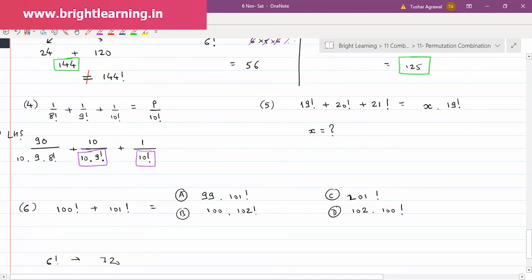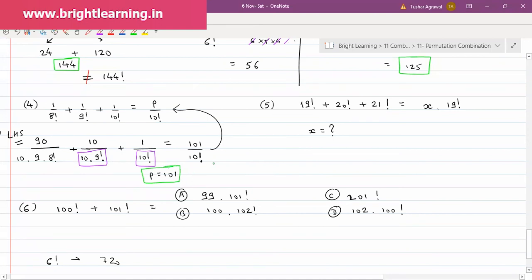Just do the addition: 90 plus 10 is 100, 100 plus 1 is 101, so 101 upon 10 factorial. This is asked as P upon 10 factorial, so P is equal to 10. Sorry, P equal to 101. Is the explanation of the fourth question clear, everybody?